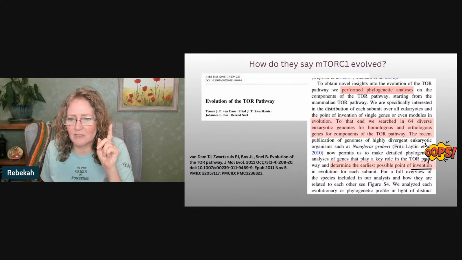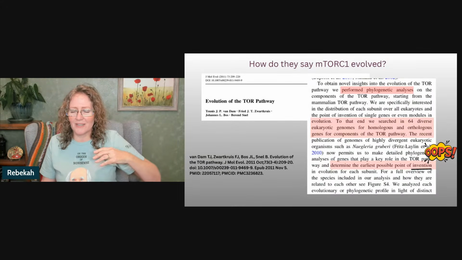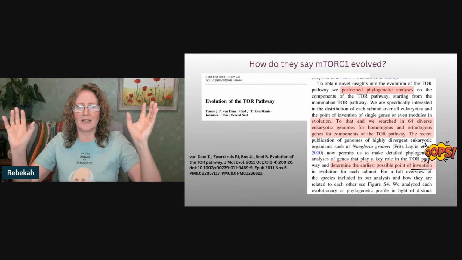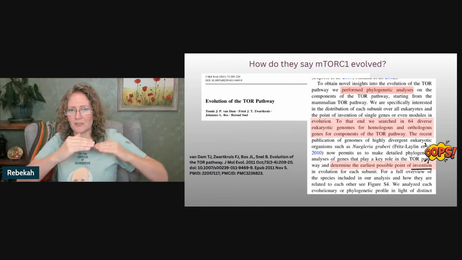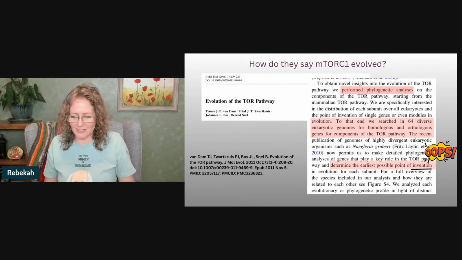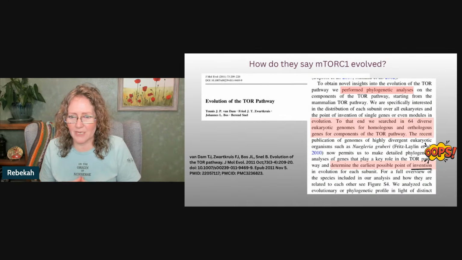And get this, determine the earliest possible point of invention in evolution for each subunit. Okay, so again, what they're doing is they're stacking up the tree and saying that it evolved this way, so they're trying to figure out when certain things happen based on the way that comparing the genes looks. Okay, so again, it's all an assumption that evolution happened.